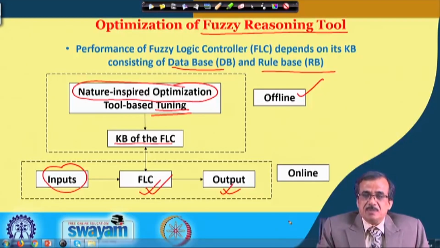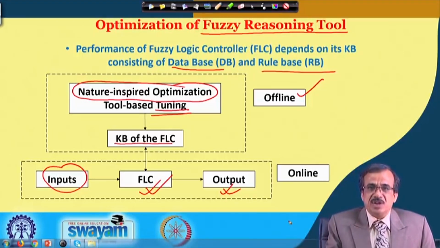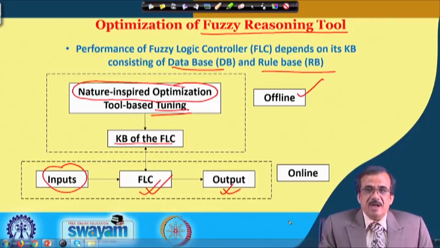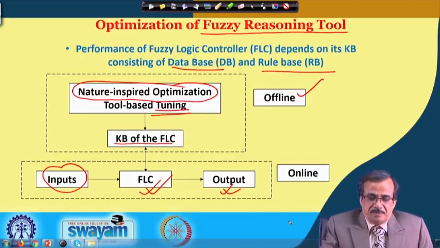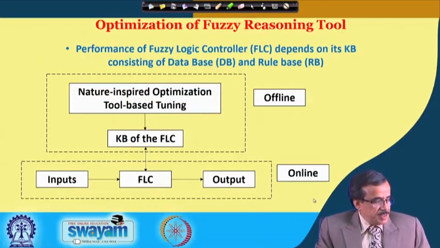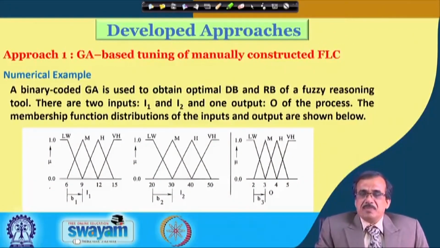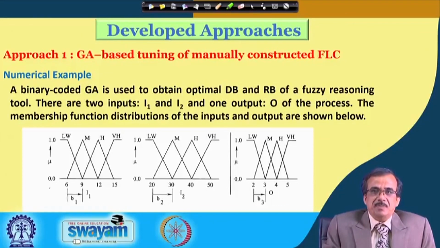That is why, once it is trained offline, we are in a position to use it online. Now, let us see how it works. To explain this, we are going to take the help of one numerical example.